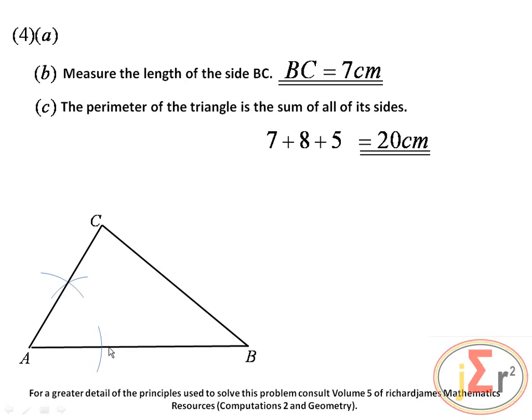And where they meet is going to be the point D. But we are going to take a look at the principles involved in doing that, so we are sure that what they really want us to do, we are able to do it.